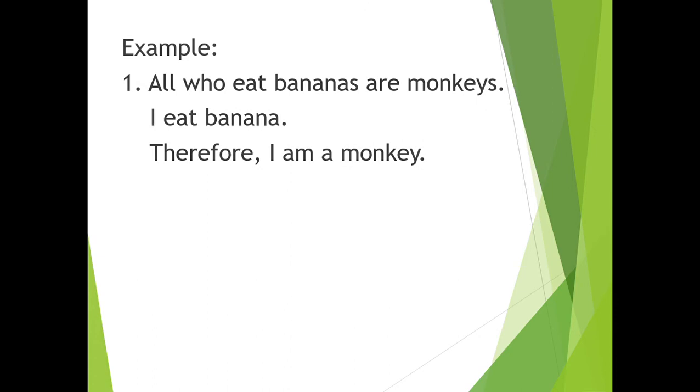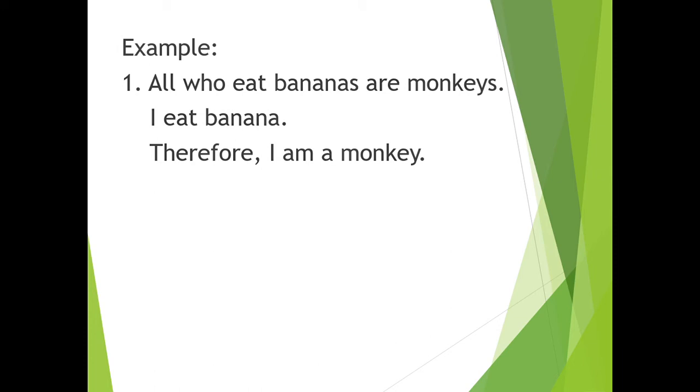Do you get it, deductive is from general to specific. Since I said in my assumption that all who eat bananas are monkeys, I consider myself a monkey because I eat banana.